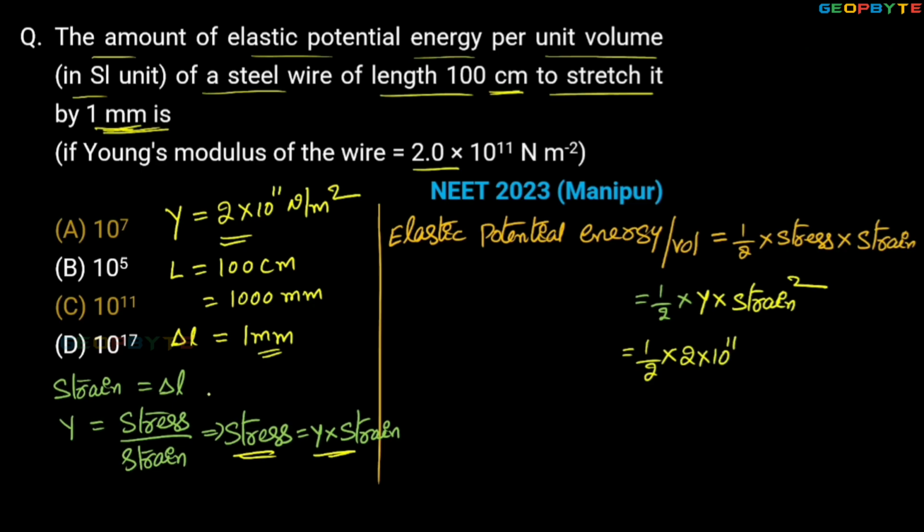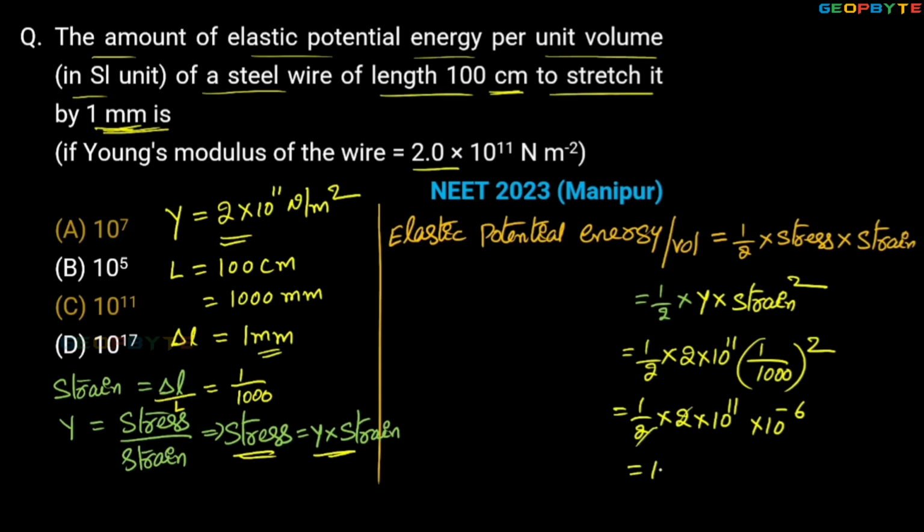Strain equal to change in length by original length. It is equal to 1 by 1000, 1 by 1000 square. It is equal to half into 2 into 10 power 11 into 10 power minus 6. This 2 cancel. 10 power 11 minus 6 equal to 10 power 5.